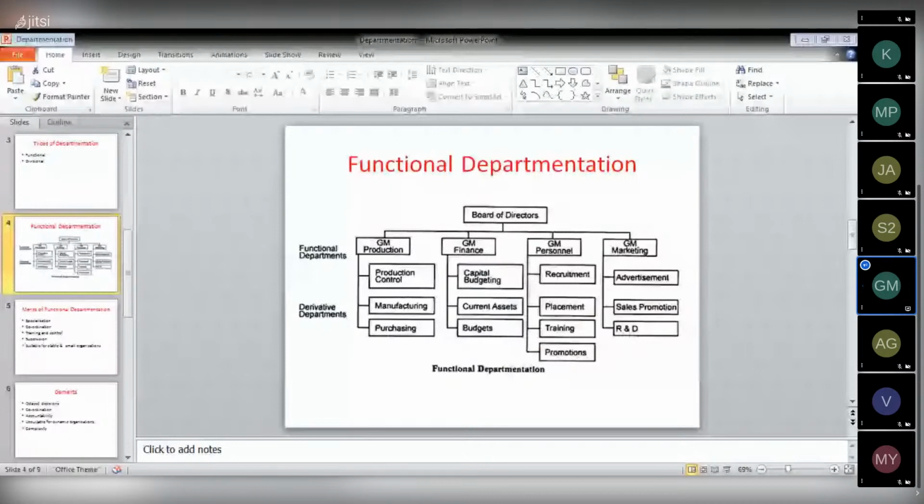So this kind of departmentation may not be useful for dynamic organizations. As organizations grow complex in terms of size and operations, when an organization is increasing its capacity, it becomes very difficult to manage. So in that case, functional departmentation is not a good idea.